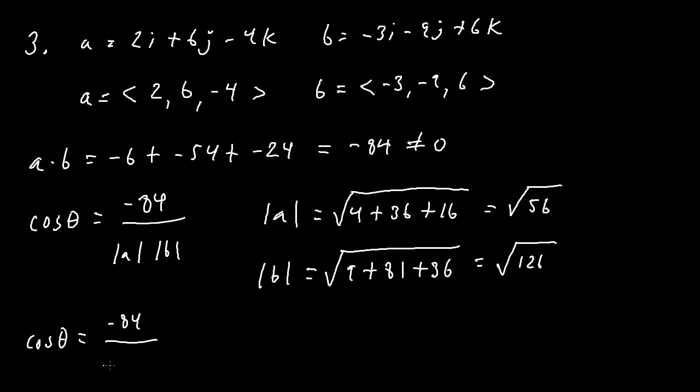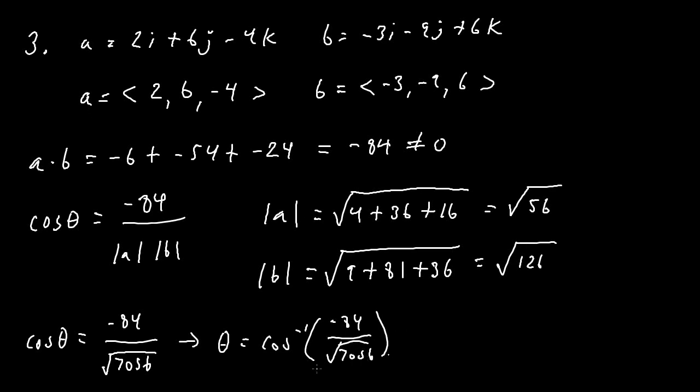And that will give us the square root of 7,056 when we multiply them. So theta is going to equal the inverse cosine of that value, and so that should give you a value of exactly 0 degrees. And since it is 0 degrees, we know the relationship between vectors a and b is parallel.